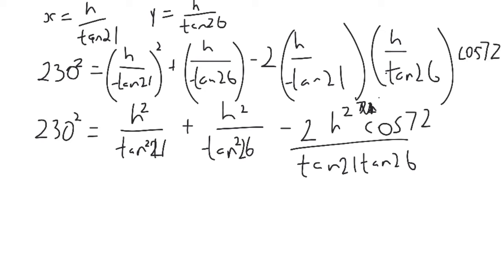To get rid of these fractions, we're going to have to multiply by the lowest common denominator, which is tan squared 21 by tan squared 26.